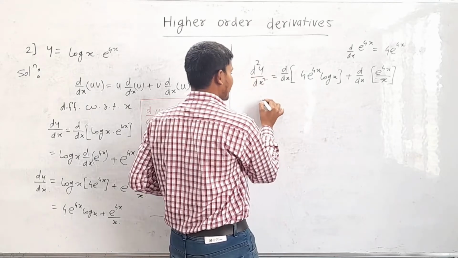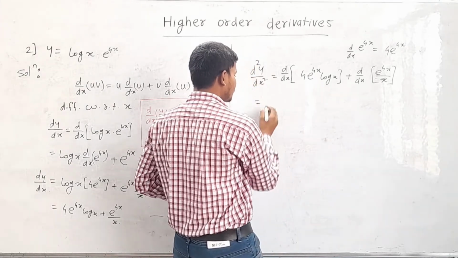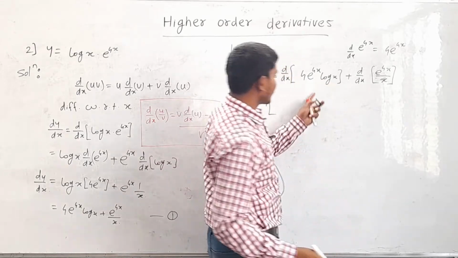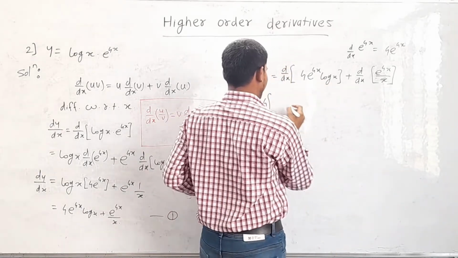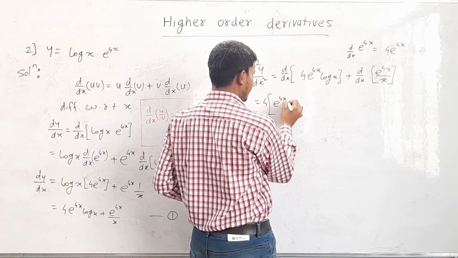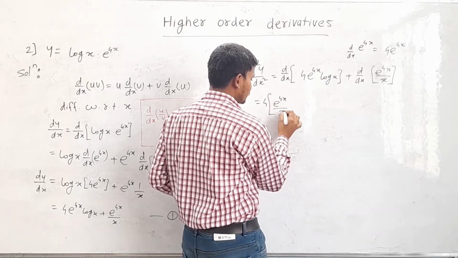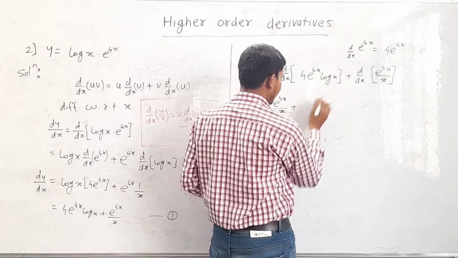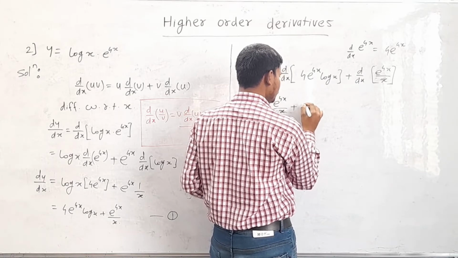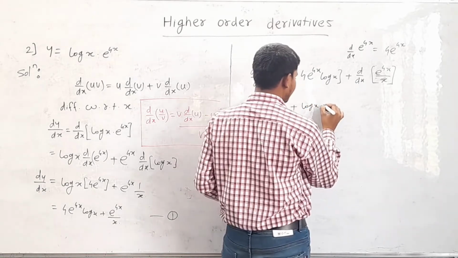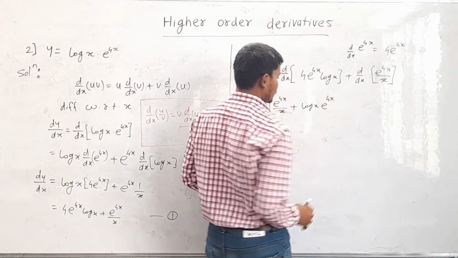Now, here 4 is a constant, so it comes out: 4 times the derivative of e raised to 4x log x, which is the first term as it is, e raised to 4x, times the derivative of the second term, that is 1 by x, plus the second term as it is, log x, times the derivative of the first term, that is e raised to 4x.